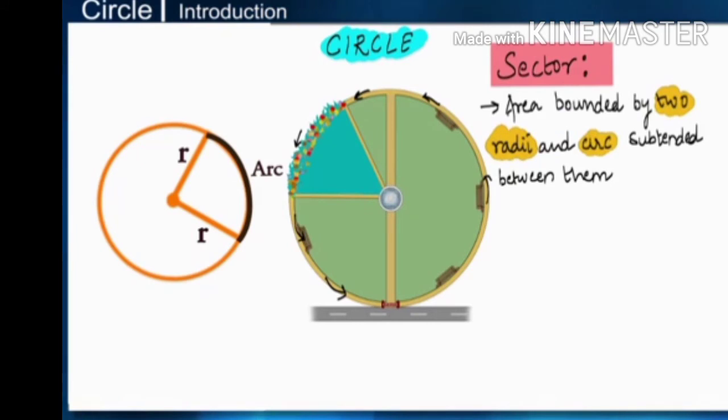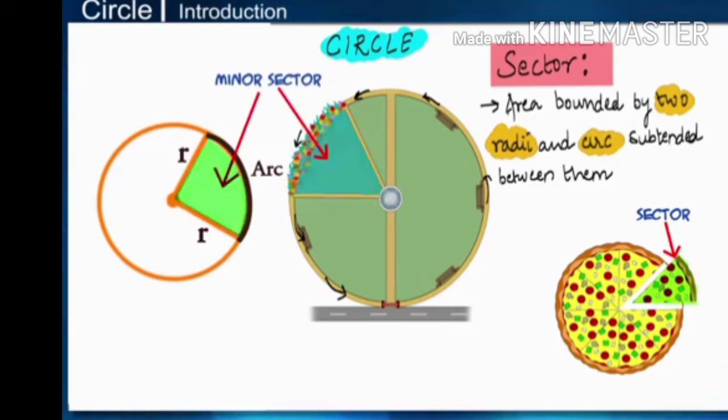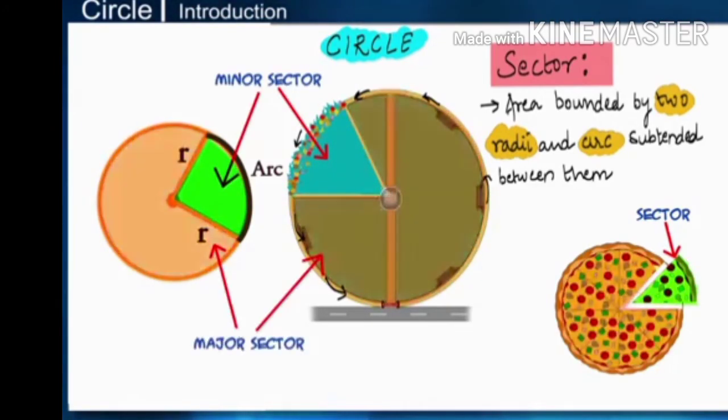Now if we have understood what a sector is, can you give me another example for sector? I'll give you a hint. We all love pizza. One particular slice of pizza can be called as a sector. The smaller region is known as minor sector and the bigger region is known as a major sector.